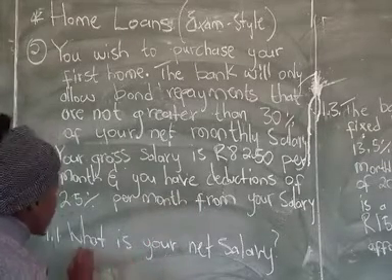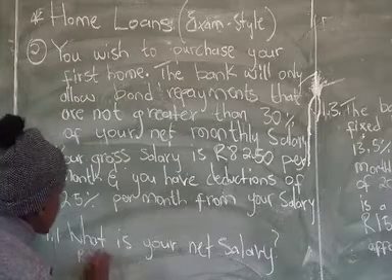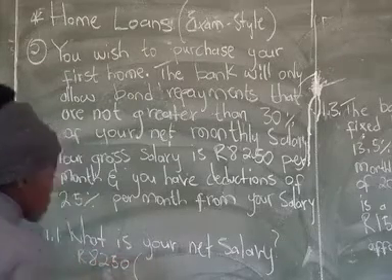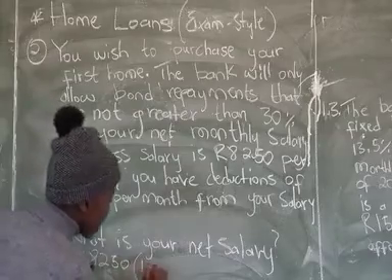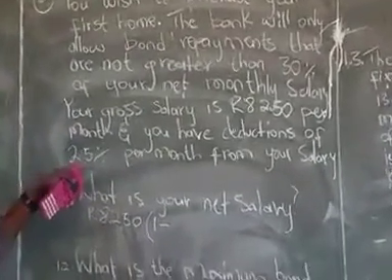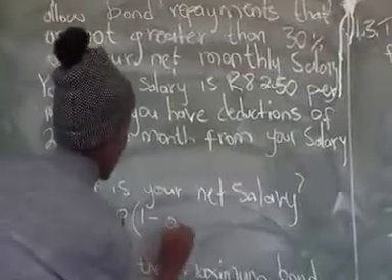It's going to be your gross salary of 8,250 times (1 minus the deduction of 25%), which is 0.25.